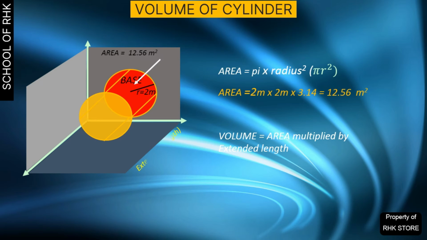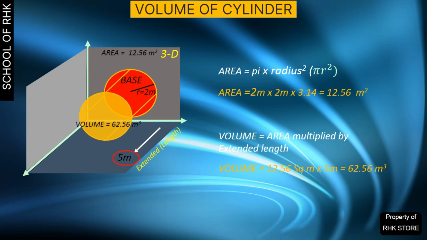Let's say the circle is being extended by 5 meters. So 5 meters times 12.56 meters squared gives us 62.56 meters cubed. Hence, the volume of the cylinder is 62.56 cubic meters.